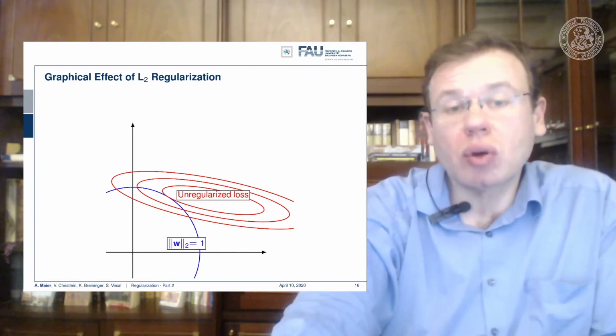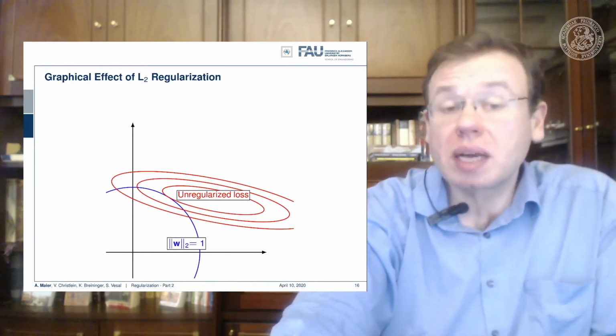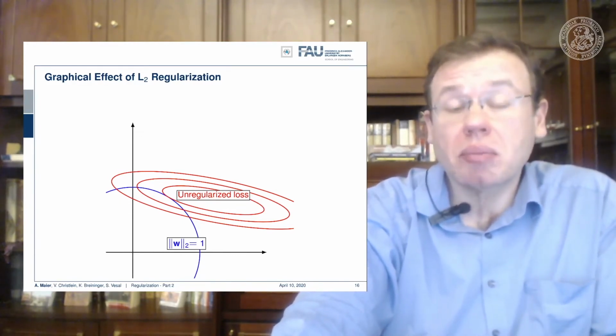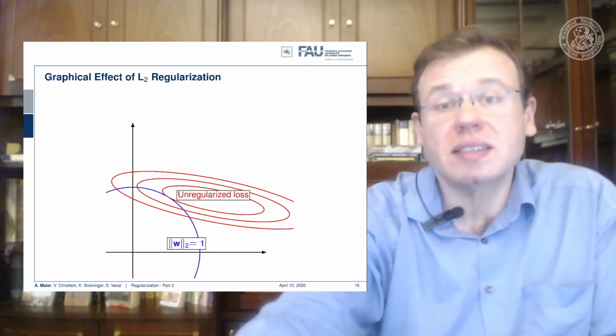So the L2 loss pulls you away from the data-optimal loss with respect to your training data set, but hopefully it describes some prior knowledge that we haven't seen this way in the training data set, which will then result in a model which is simply better suited for the unseen test data set.